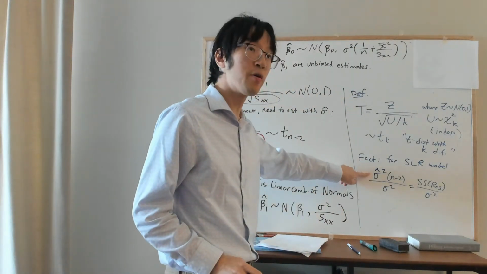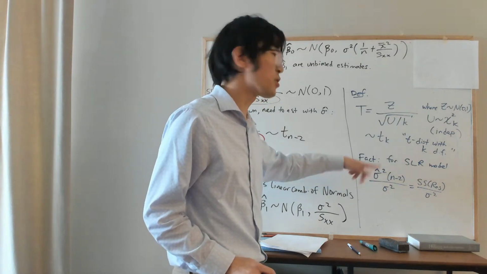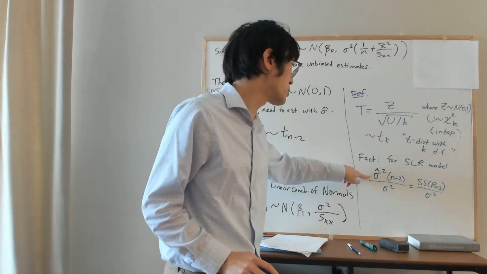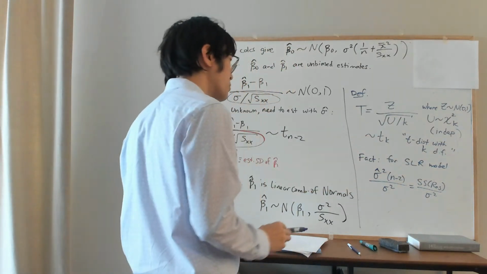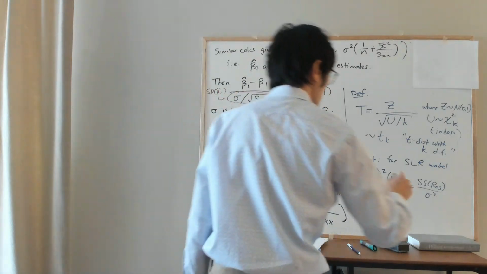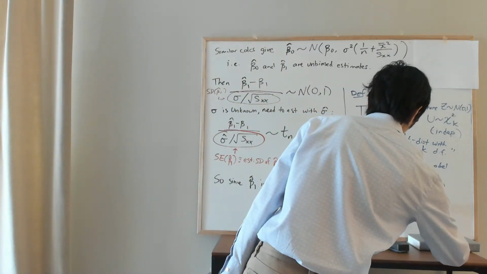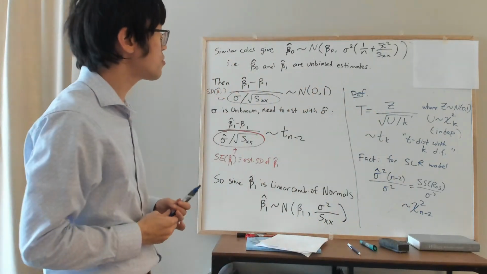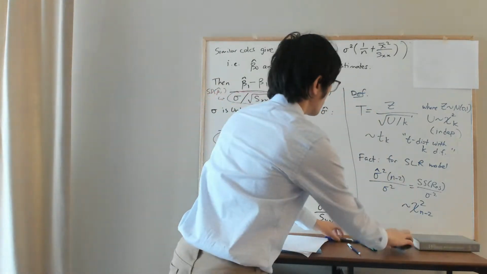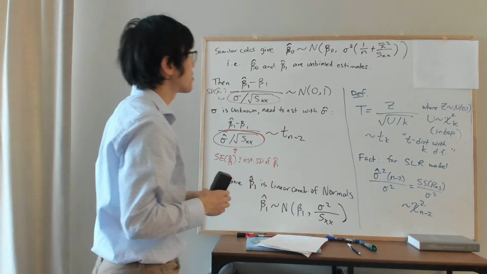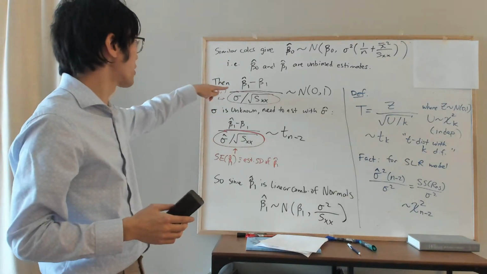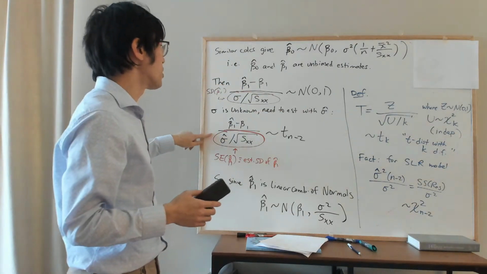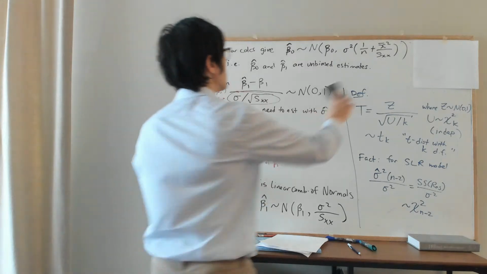This has a chi-square distribution with n minus 2 degrees of freedom. With those two facts, I can show you how we get from this normal to this t distribution.